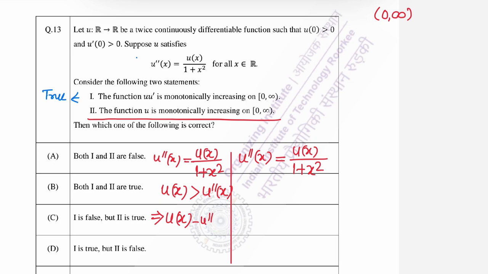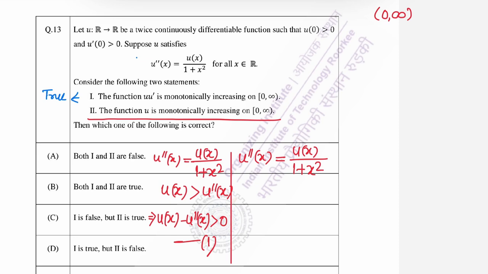Okay, let me rewrite this. Then u(x) minus u double dash x will be greater than 0. Okay, I will make use of this. So I numbered this inequality as 1.